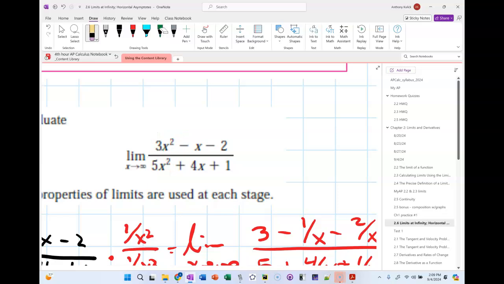What happens if the degree of the denominator was bigger? It's 0. The horizontal asymptote is 0. What happens if the numerator is bigger? You have that slant asymptote, right? You don't have a vertical or horizontal. You have that diagonal asymptote. How do you find that? Polynomial division. I know, that's rough.